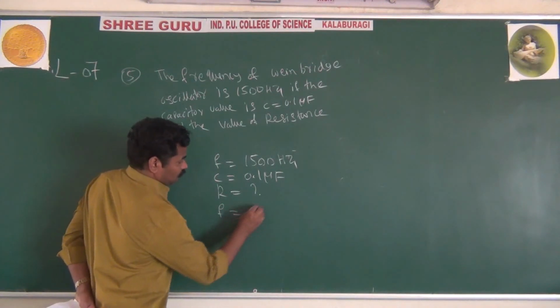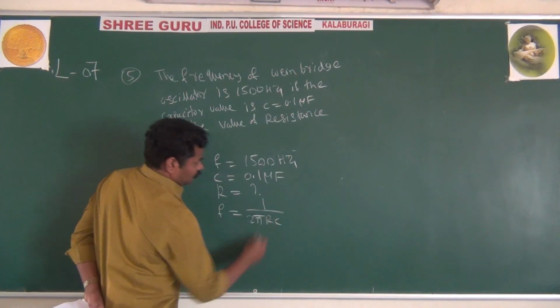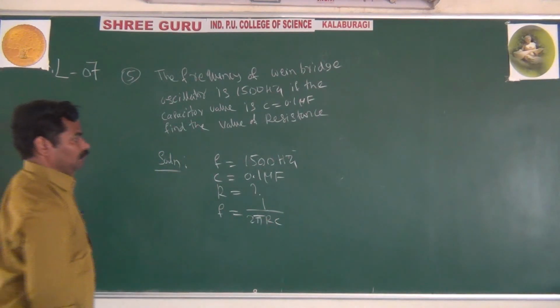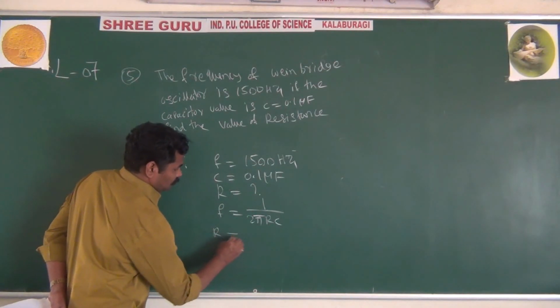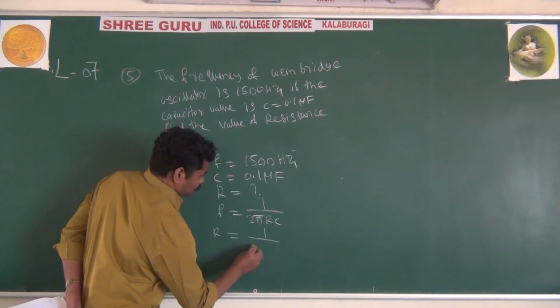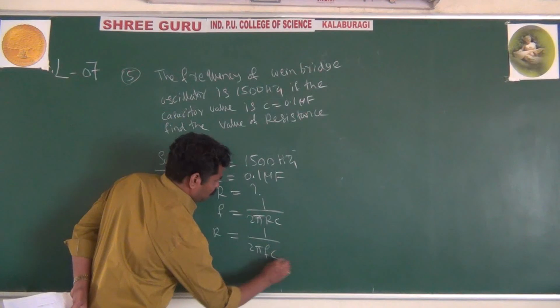F is equal to 1 divided by 2 pi RC, and we want the R value, and in cross multiply we get R is equal to 1 divided by 2 pi F into C.